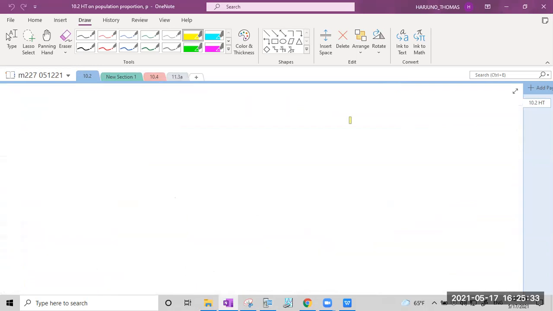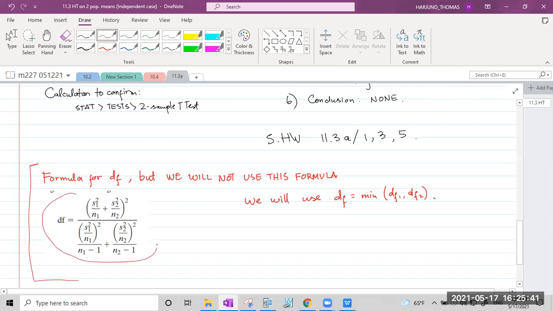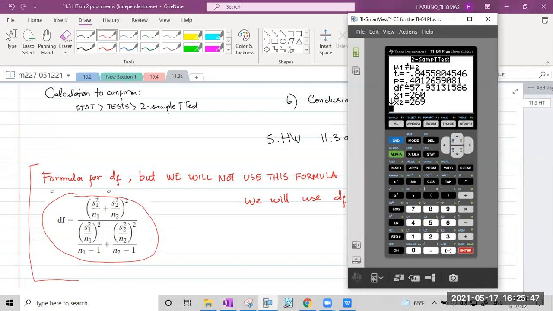So 11.3a, you see, we have this in our textbook. This is the formula for degree of freedom. It's way too complicated for us to do by hand. Now, our calculator gets this number, 57.9 something, because they use this formula. But we will not use this formula in our class.